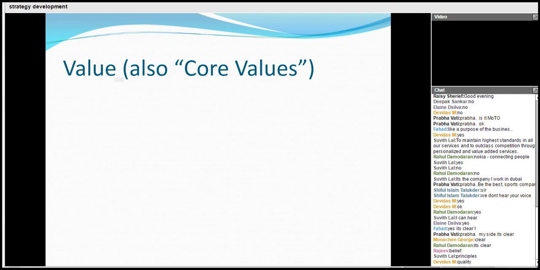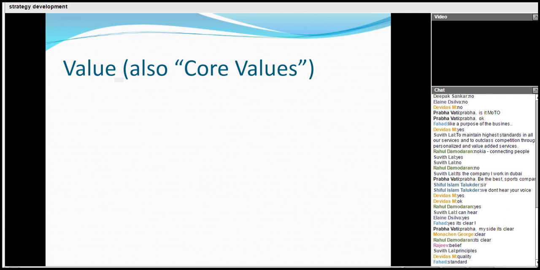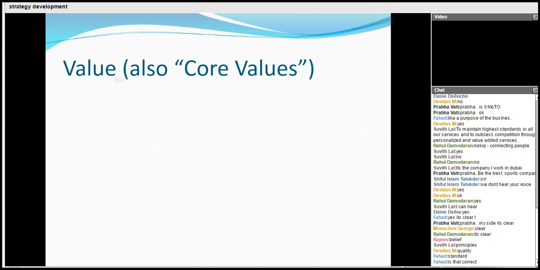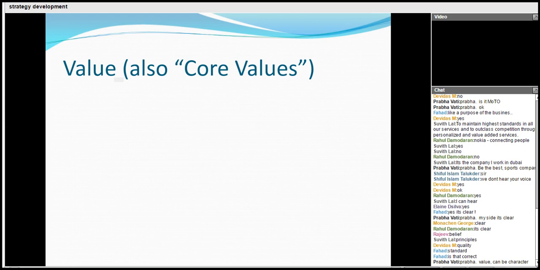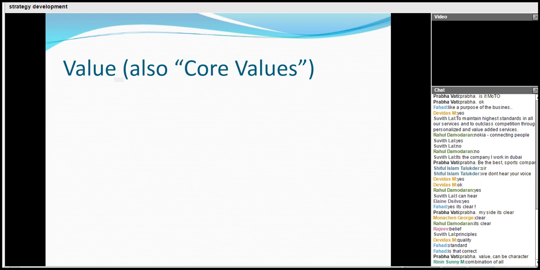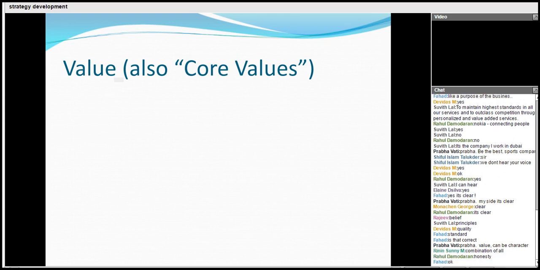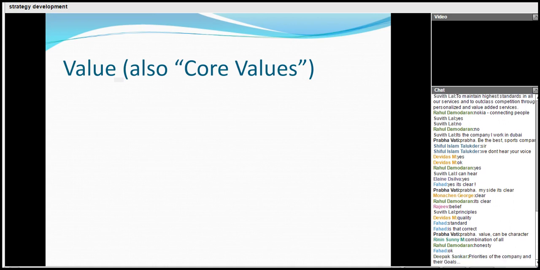Quality. Okay. Standards. That's a question? I'll answer it when I start looking at the slides. Yeah, we can look at it as standards. That's okay. This is a standard in which things work. A combination of all. Okay, now let's look at it.